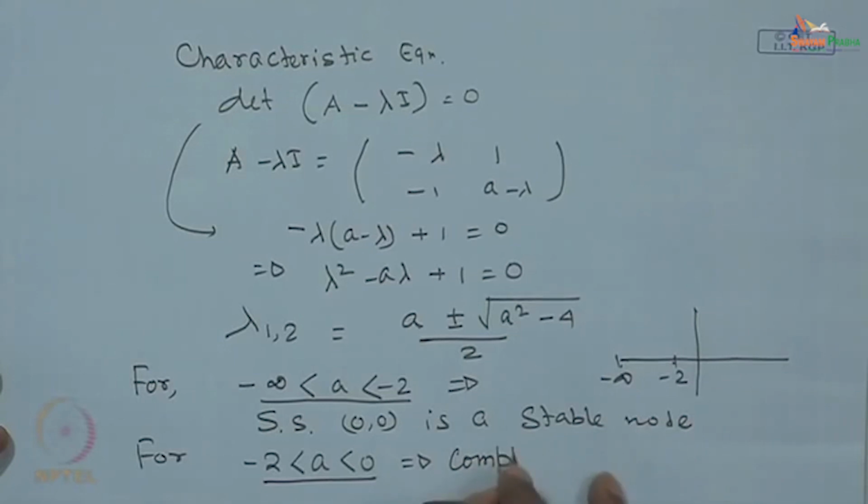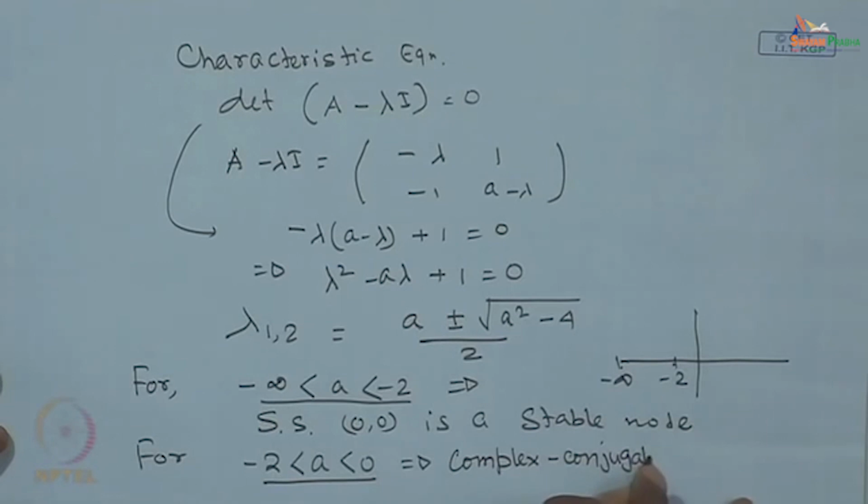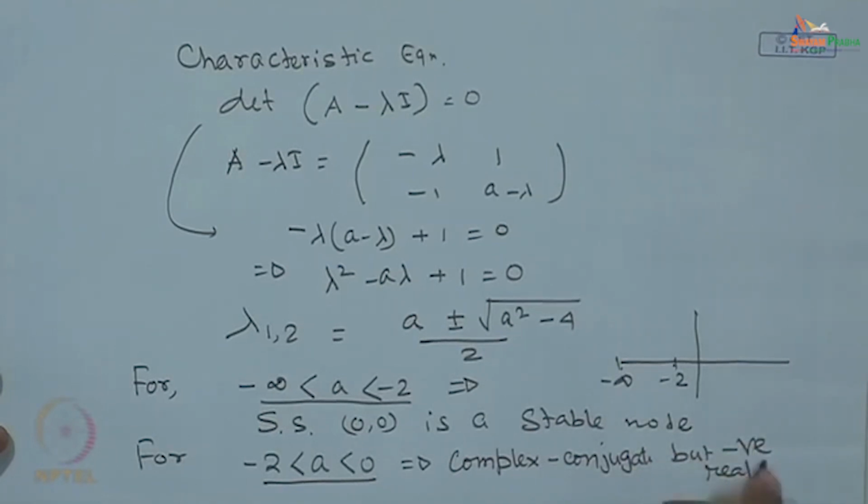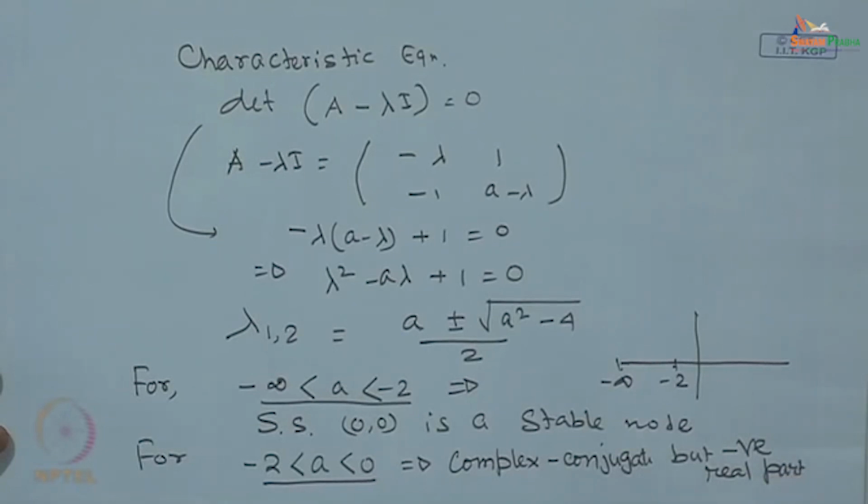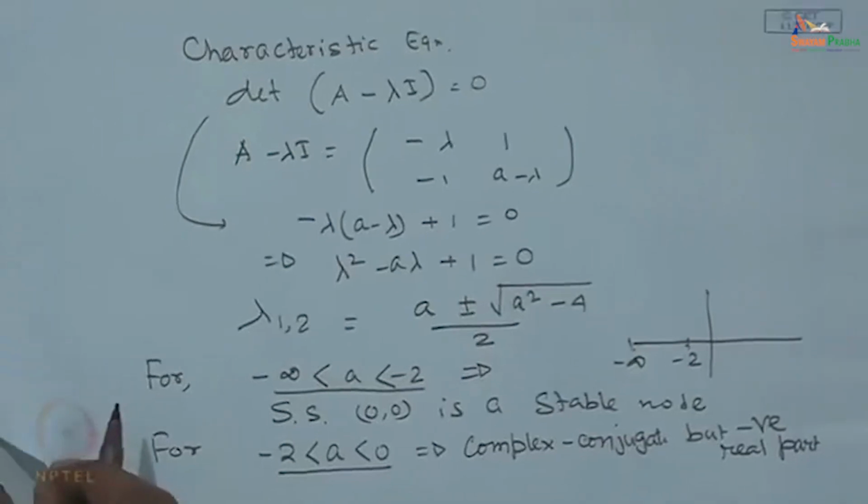So, eigenvalues become complex conjugate, but with negative real part. So, for this case we will be having a stable focus.